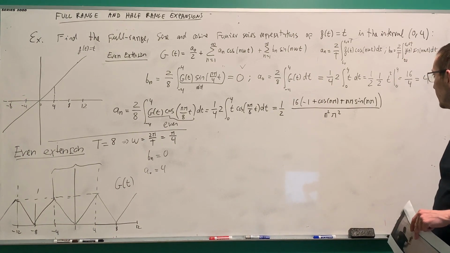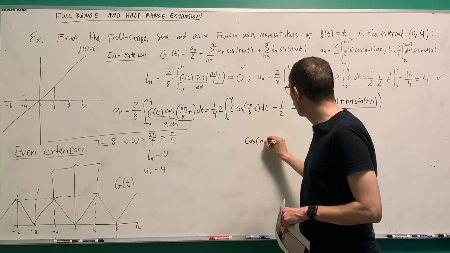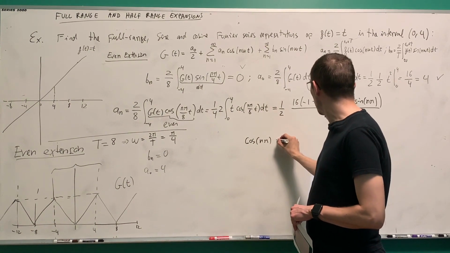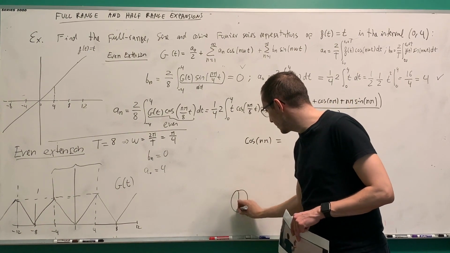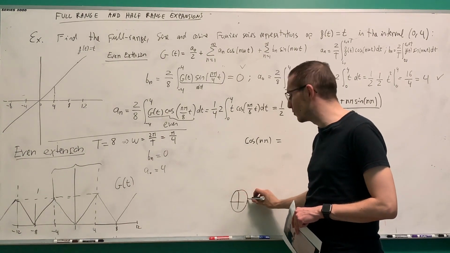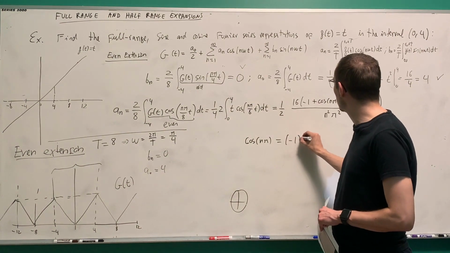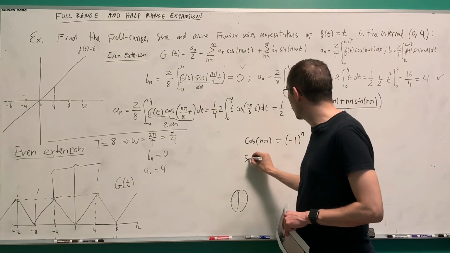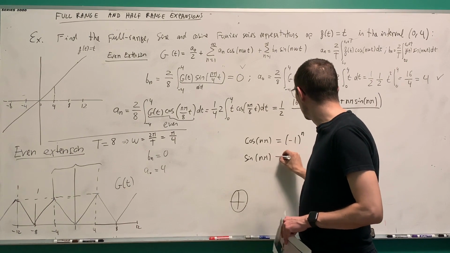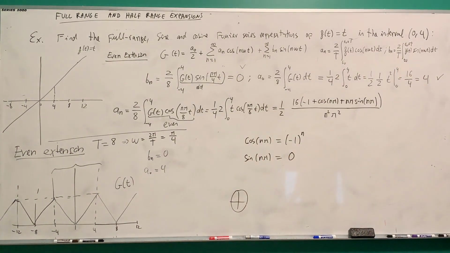How can I simplify? Well, remember, the cosine of n pi for integer n, if I draw it, cosine of 0 is 1, cosine of pi is minus 1, cosine of 2 pi, 1, cosine of 3 pi, minus 1. This thing is minus 1 to the n. And the sine of n pi is 0. Alright?